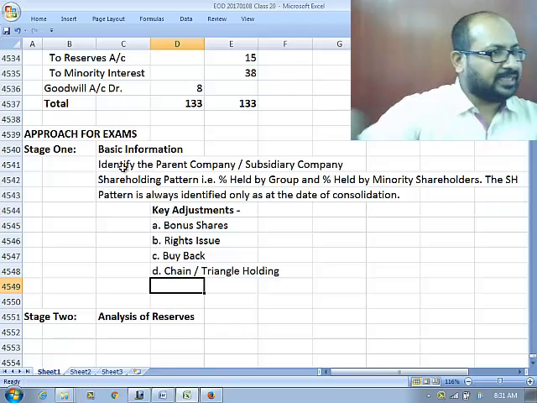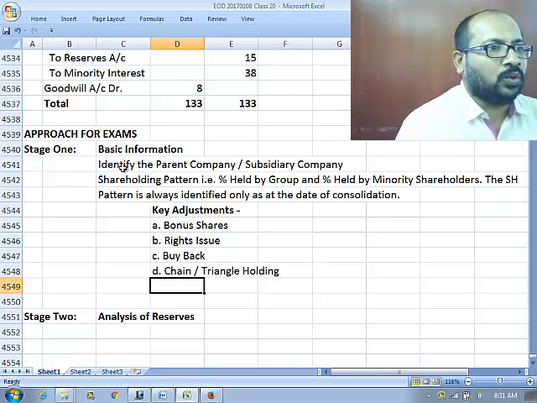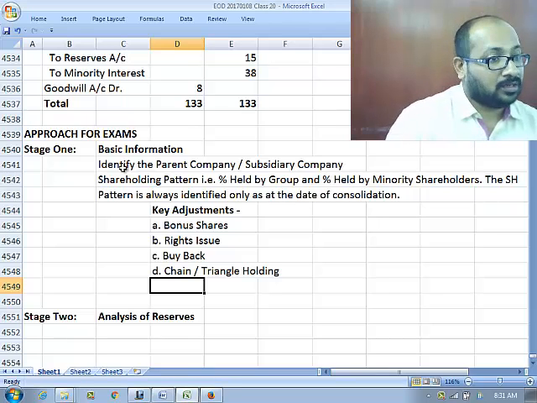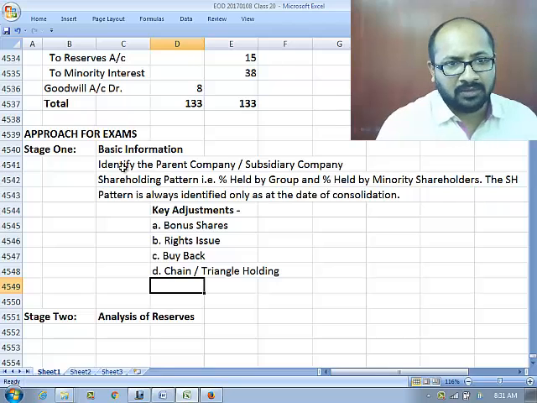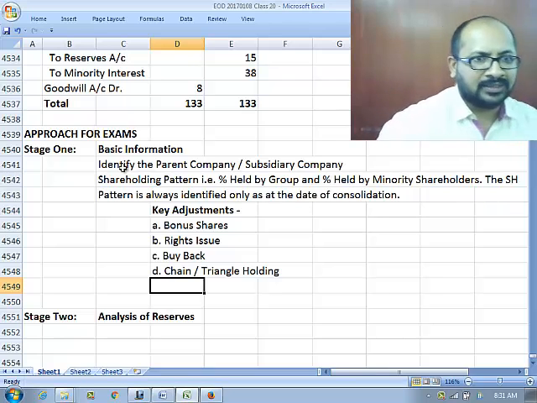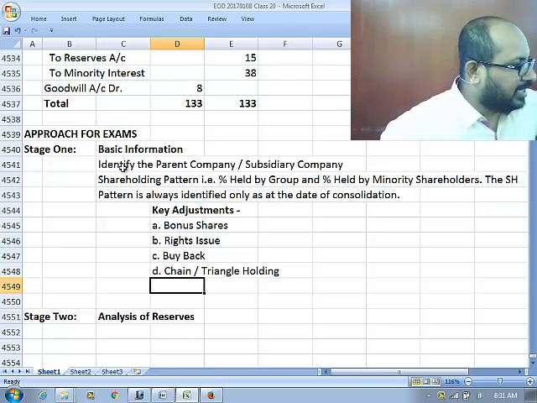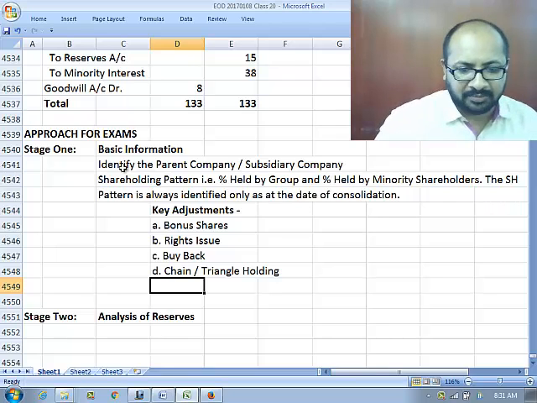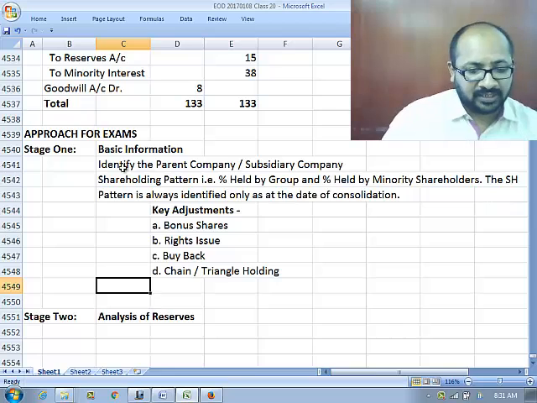There is A, B, and C. A holds 40%, B is my subsidiary, B is holding 30% of C. On a standalone basis, C is neither a subsidiary of A nor B, but looking at it completely, we hold some stake in that C. Such cases will come: triangle subsidiary or chain holding subsidiary, and we'll be looking at it in that segment. These are all key adjustments. All these adjustments are pretty much addressed in basic information.